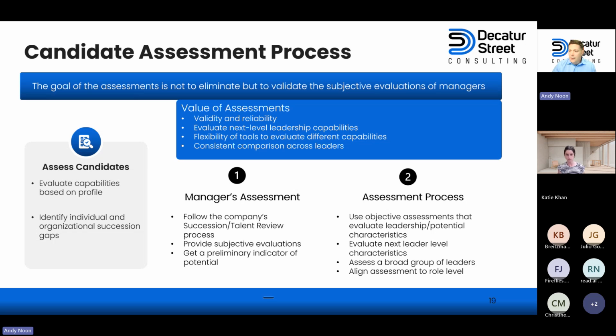It enables the process to move from being really subjective to much less subjective, with more clarity that the language you've identified as important for succession actually has the capabilities brought into it. The assessments help us ensure that the manager evaluations are not based on subjective judgments, but on actual evaluations of capability.